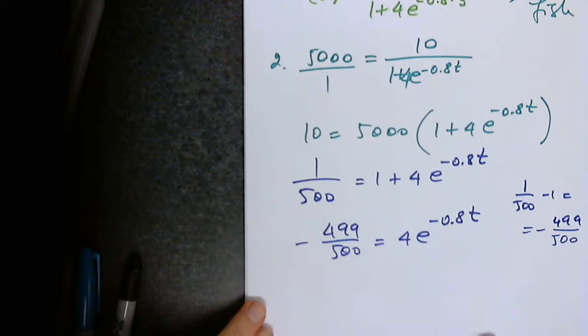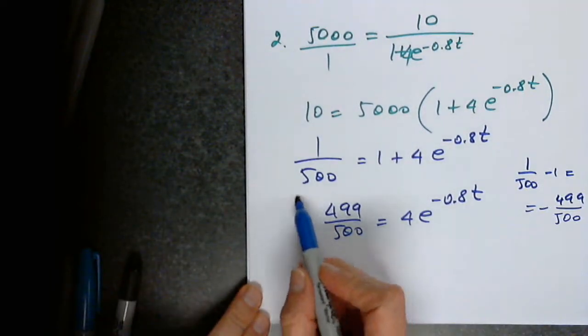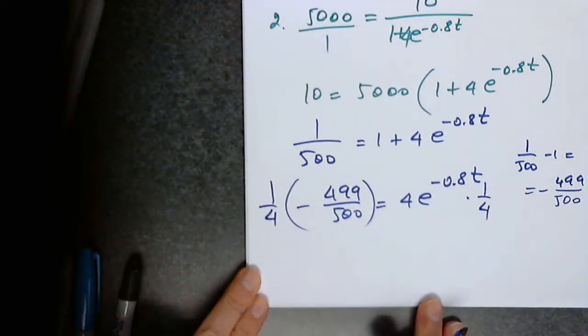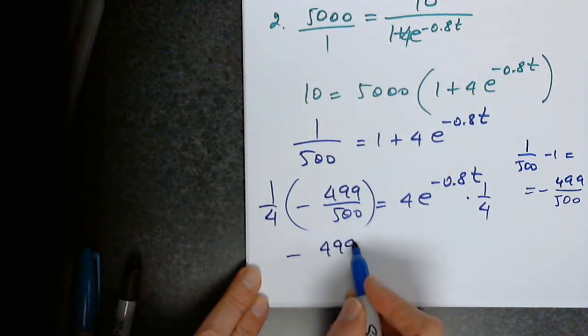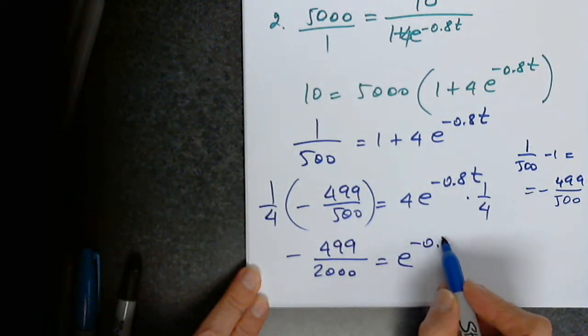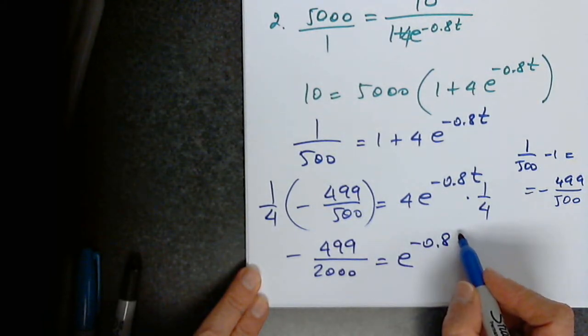I have no choice. But division by 4 is better if I imagine it as multiplication by 1/4. So negative 499 over 2,000 equals e to negative 0.8 t.